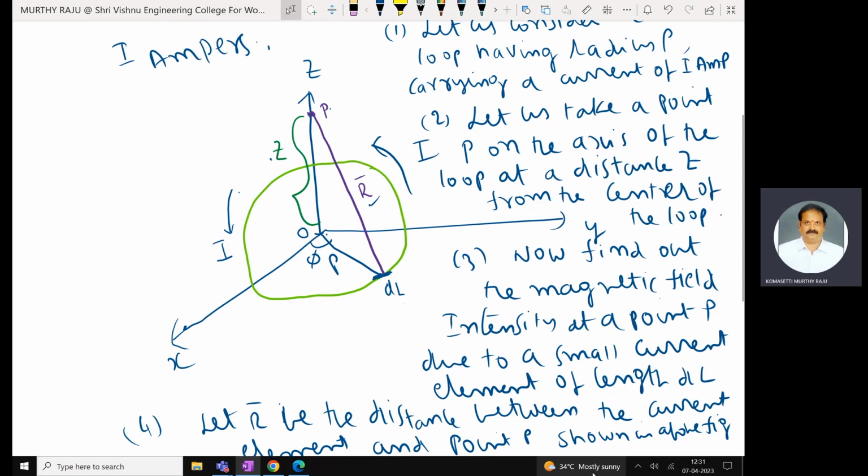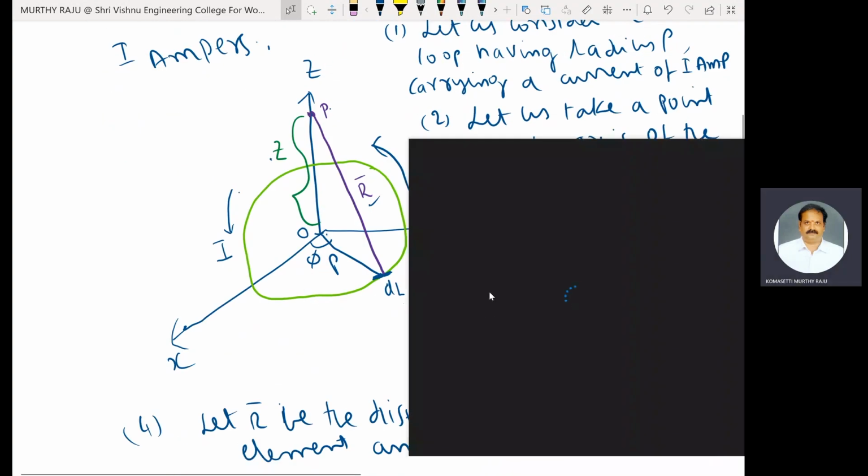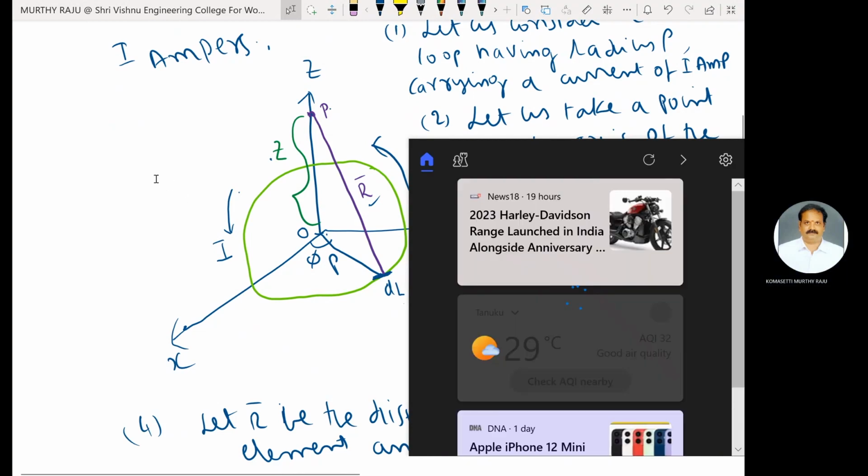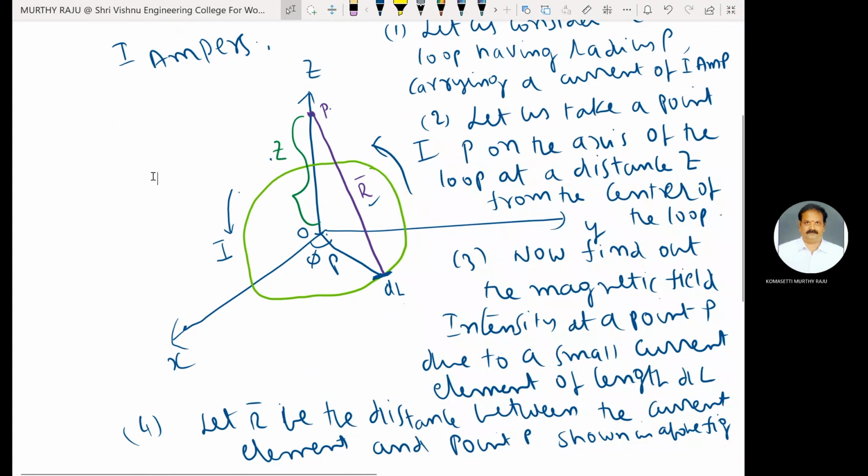This is the description of the small circular loop having radius rho carrying a current of I amperes shown in the figure. Here we use the cylindrical coordinate system.